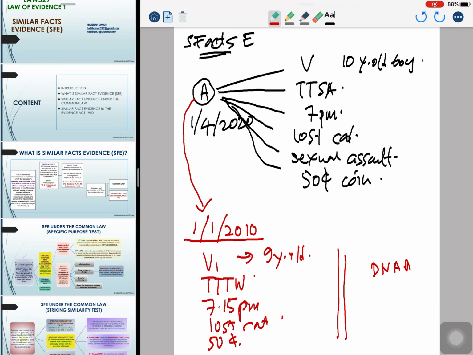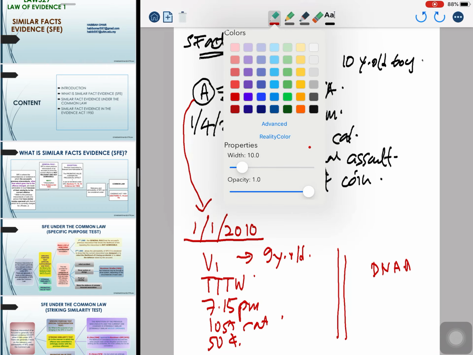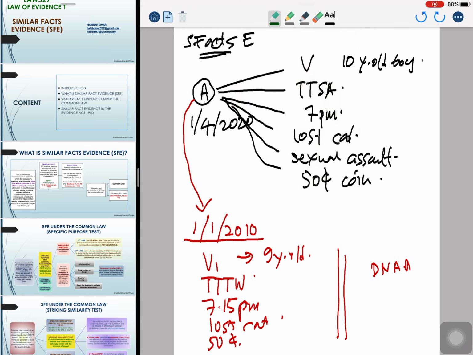Now, this is what we call similar facts evidence, because we are trying to bring evidence of the accused's previous misconduct, the modus operandi of the offense, which he committed in 2010, which is totally unrelated to the current facts in issue because it refers to an incident that happened at a different time, to a different victim at a different location.